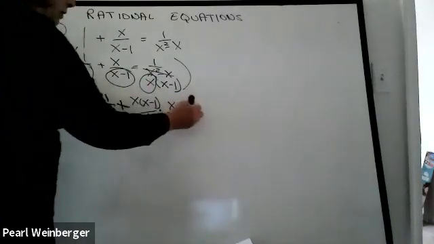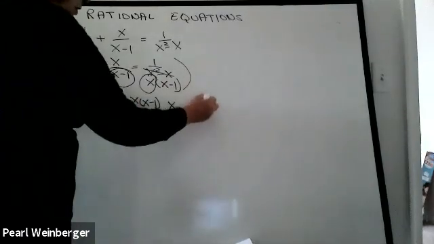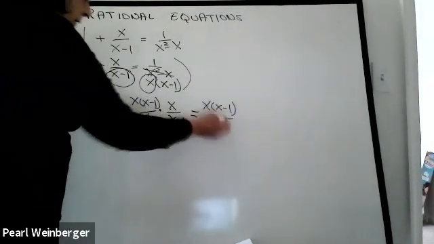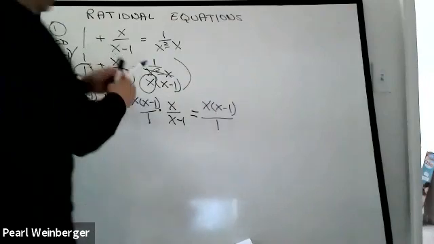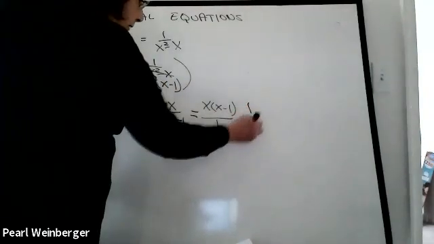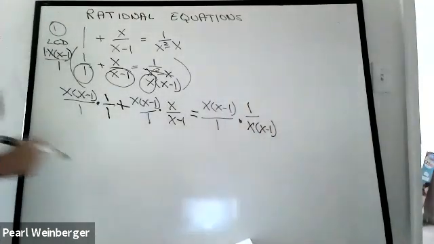And that's going to equal the x times x minus 1 over 1 times 1 over x times x minus 1. Okay.